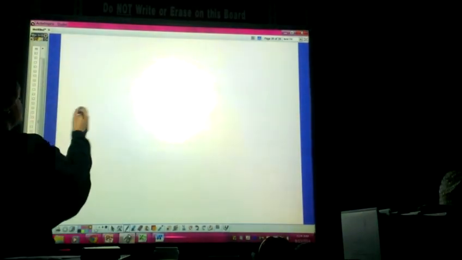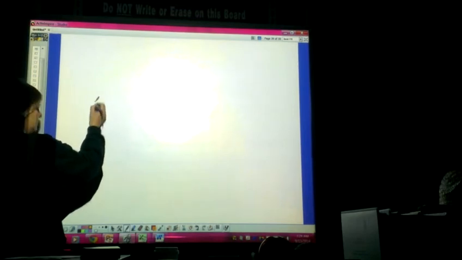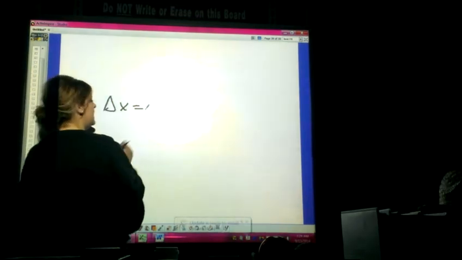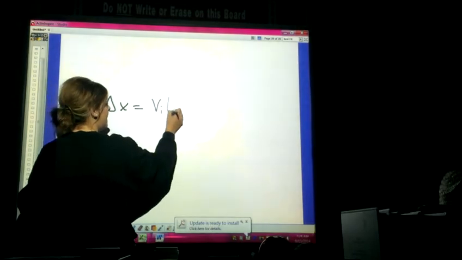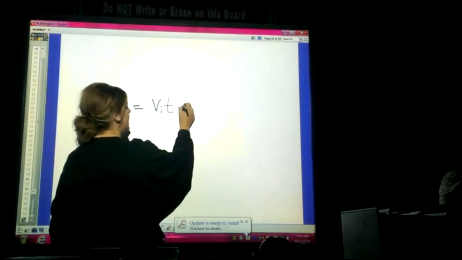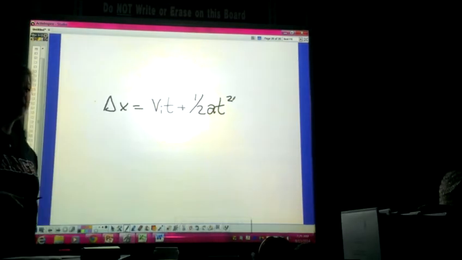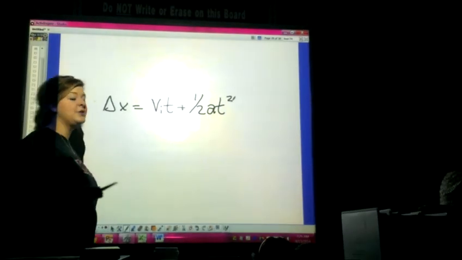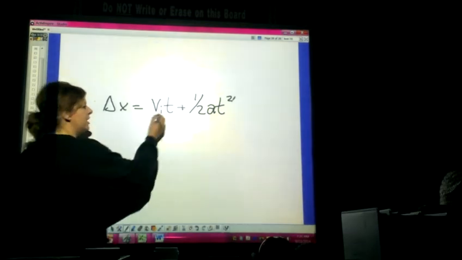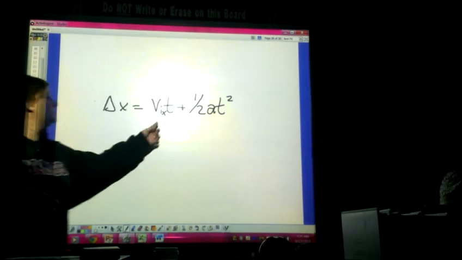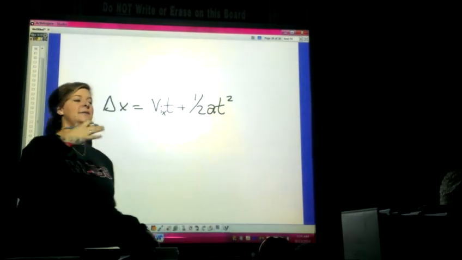Okay. You have a kinematic equation, delta x equals v_i times t, initial velocity times time, plus 1/2 a t squared. Now, in the x direction is what I'm specifically focused on, so I'm going to give this initial velocity another subscript with an x, just to designate that this is in the x direction.